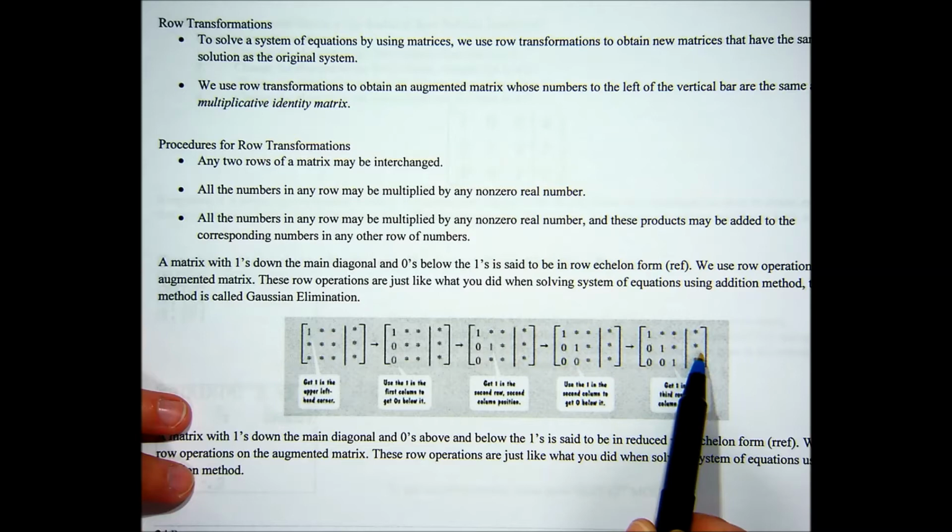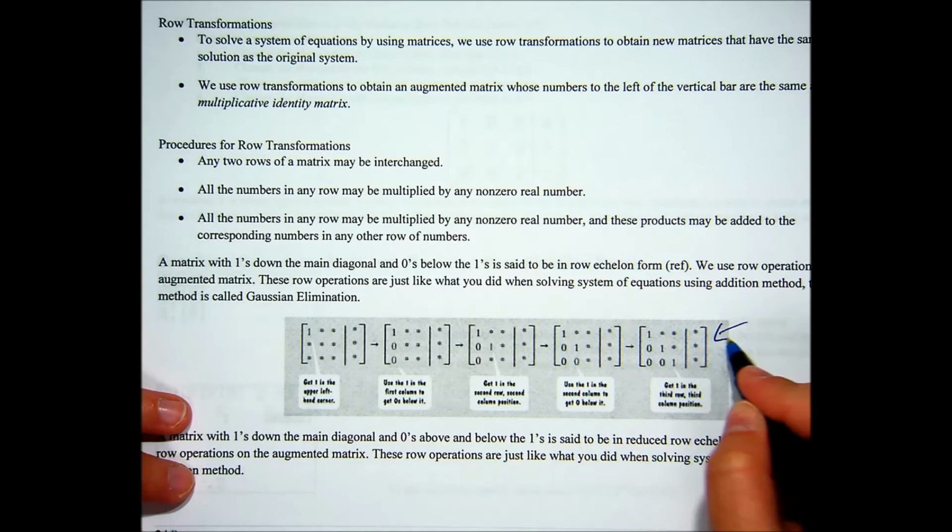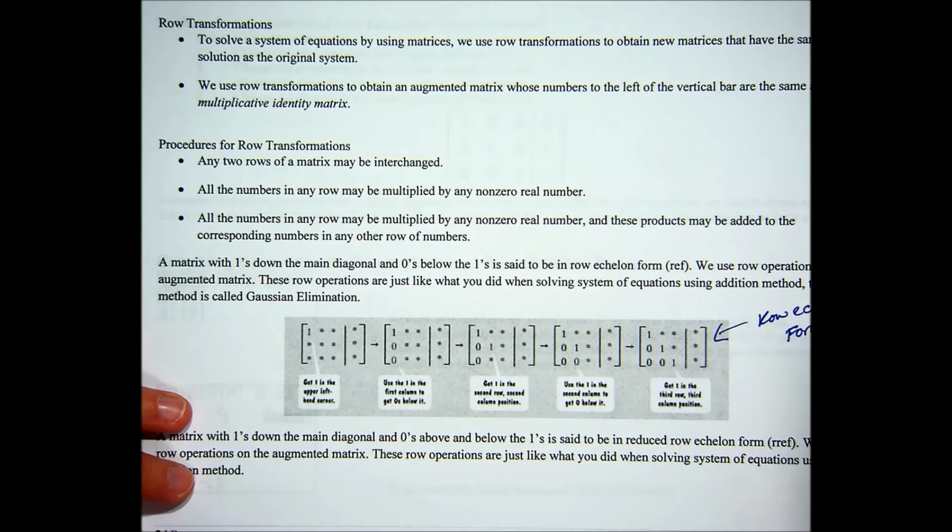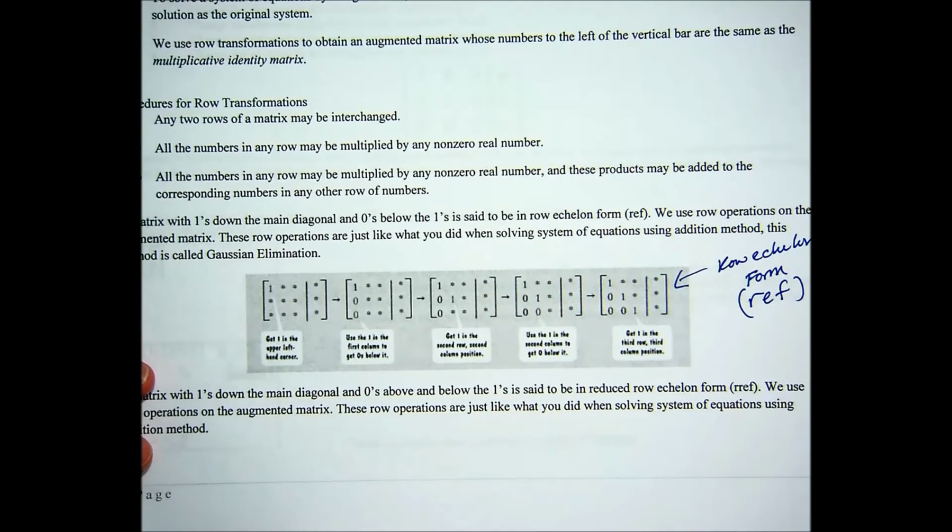Now, when you have ones in the diagonal and zeros below, this is called row echelon form, or REF. Okay? REF is nice and lovely. However, reduced row echelon form is even better, and here's why.